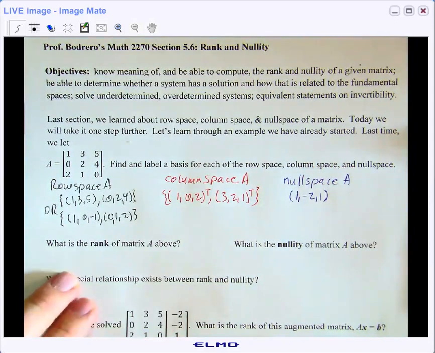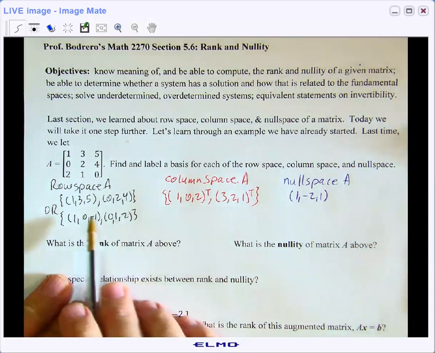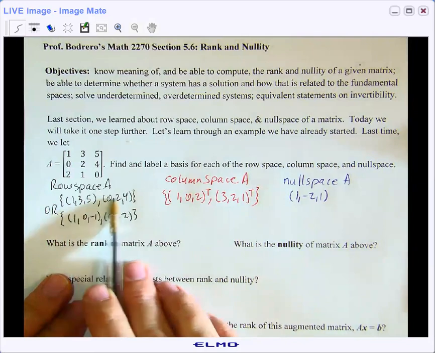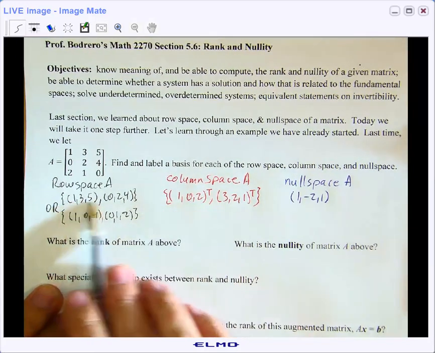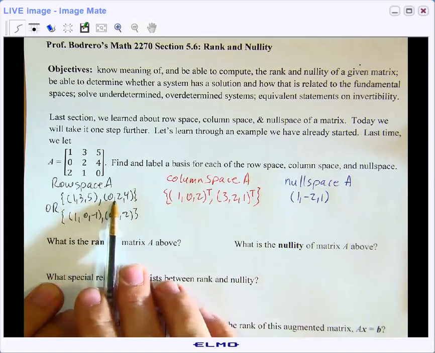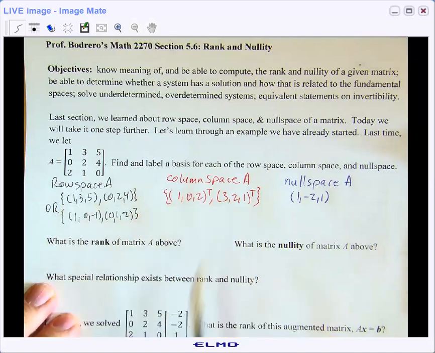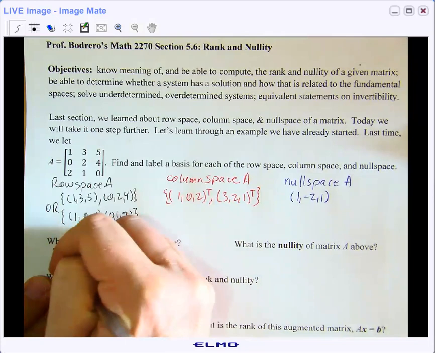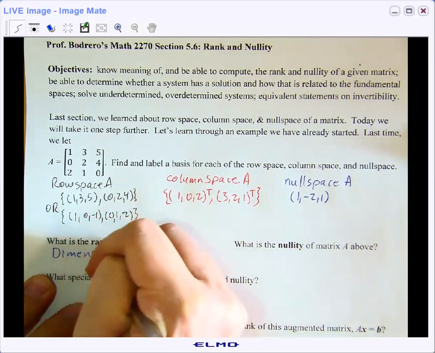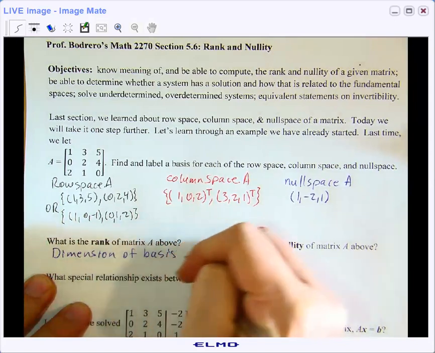Now, the rank of a matrix is the dimension of the row space, aka the dimension of the column space. Notice that the number of basis vectors in the row space and the number of basis vectors in the column space are both 2 here. So that would be the dimension of the basis for the row space or column space.